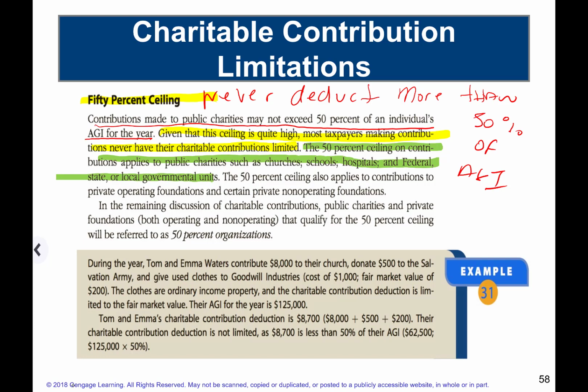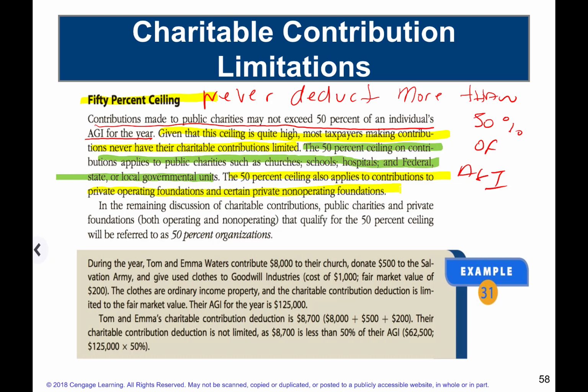The 50% limitation also applies to private operating foundations and even certain private non-operating foundations. So some can get into that 50% category, both operating and non-operating, but the ones that don't will have different limitation categories.